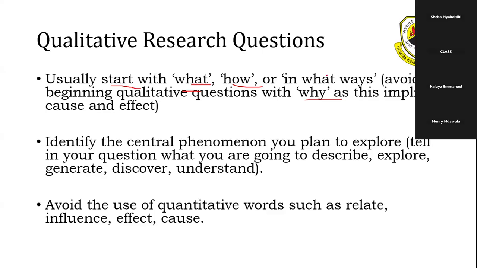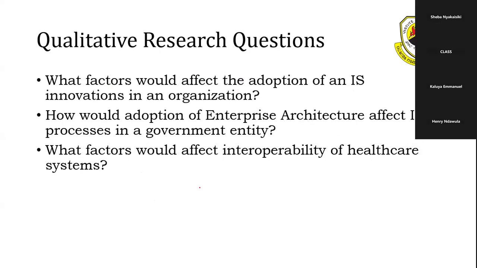However, a qualitative research question is explorative in nature. You're seeking to understand, to discover, to generate. Avoid using things like effect and cause. Ask what things influence, the influence of late coming and Sheba's teaching style. That is now going to the quantitative side.